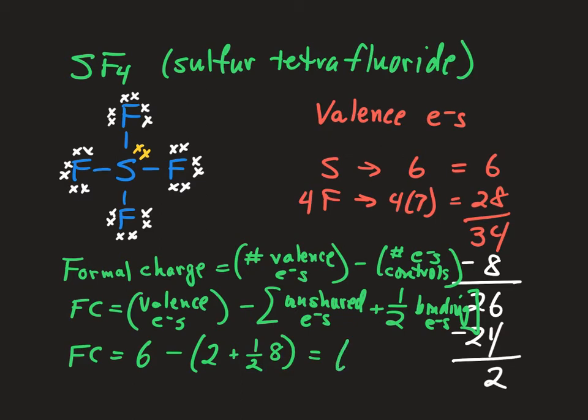So that's 6 minus 2 plus 4, which equals 6 minus 6 equals 0.